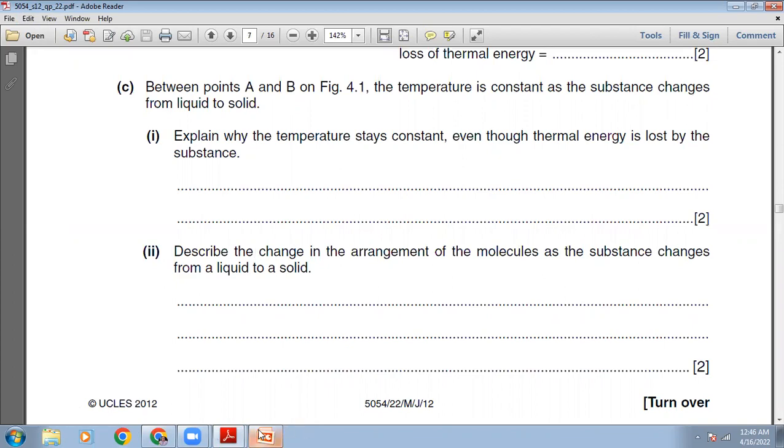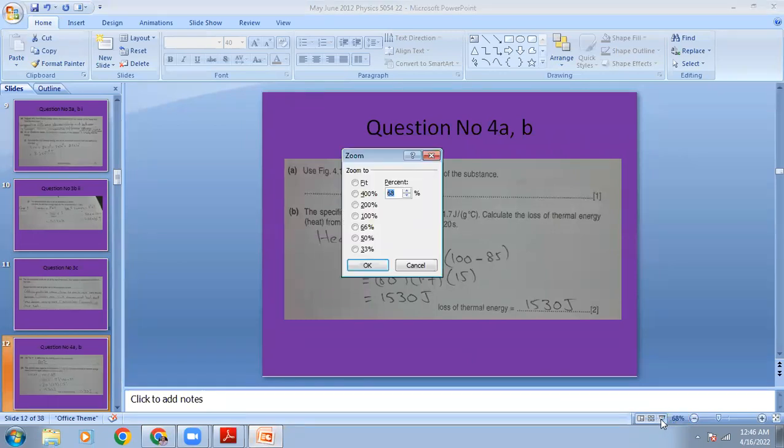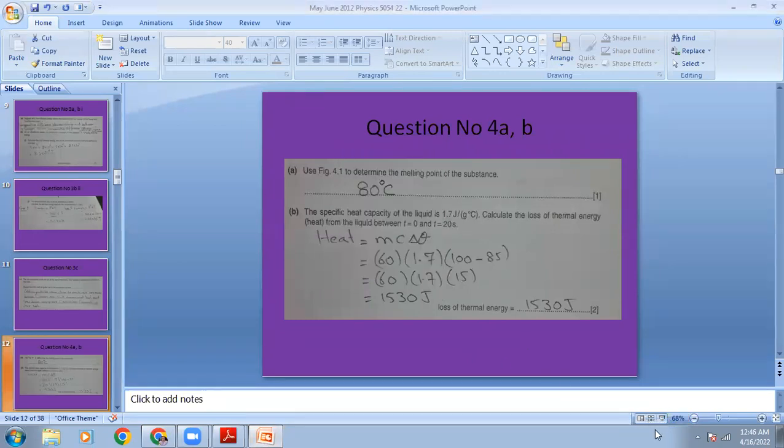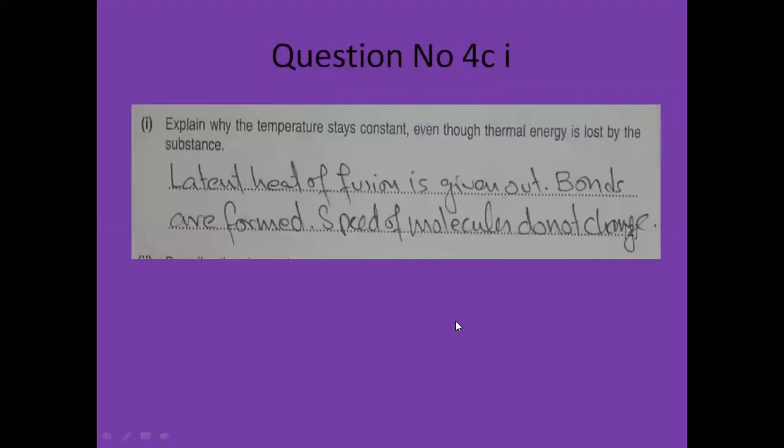That's why the temperature is not changing, although the heat is given out. Latent heat of fusion is given out, bonds are formed, speed of the molecules does not change.